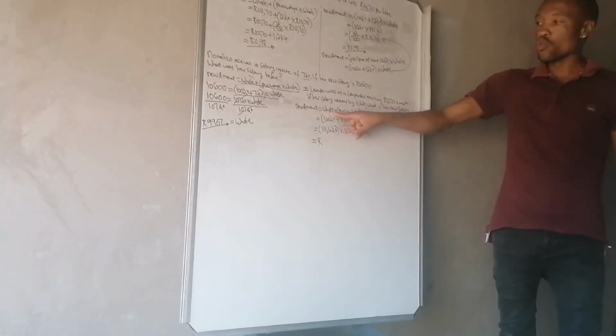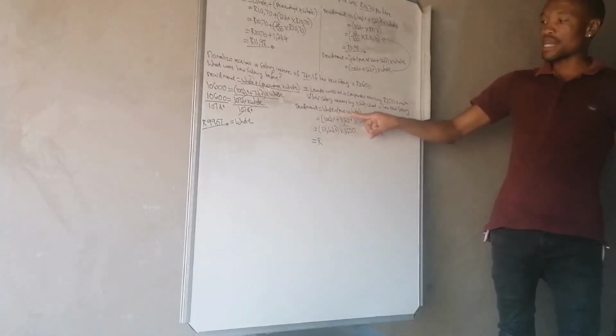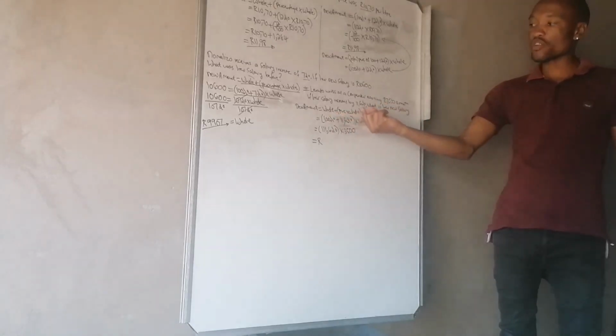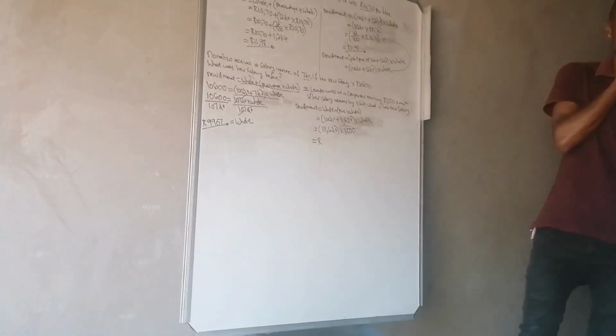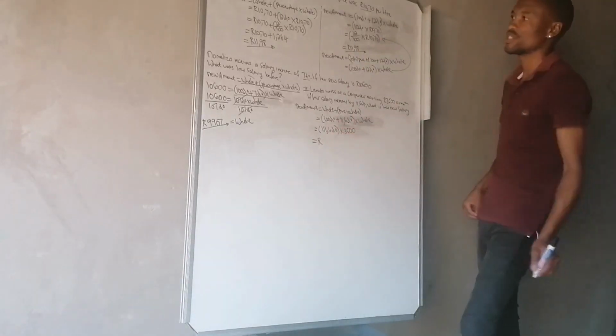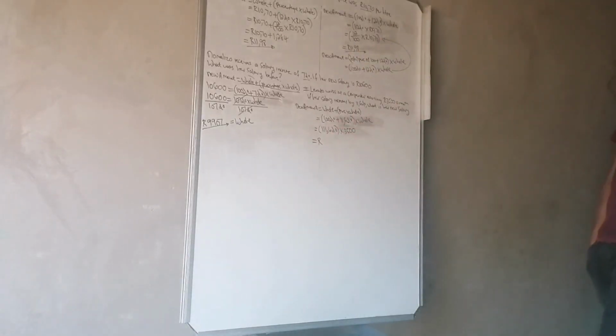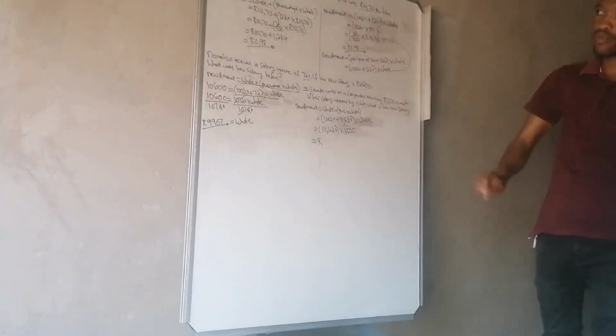The 11.6% multiplied by the whole is added to the whole, and then it gives the new amount. We can have the bracket in. This is a method to use.